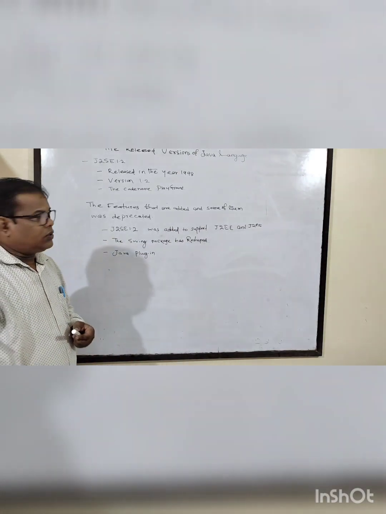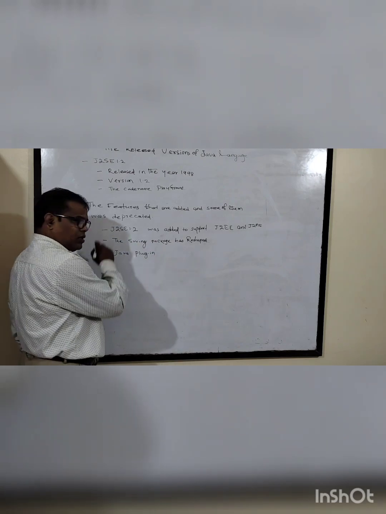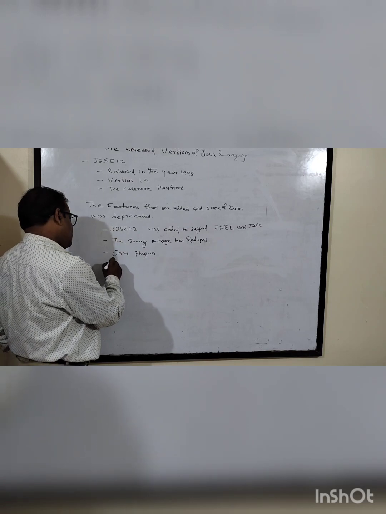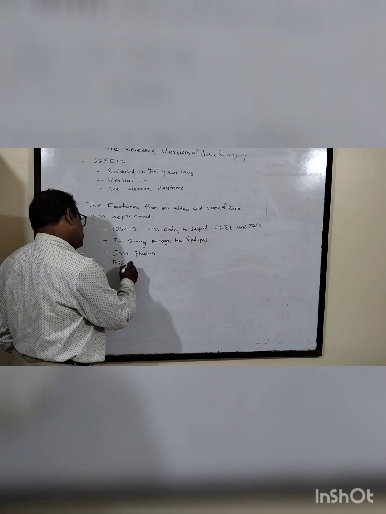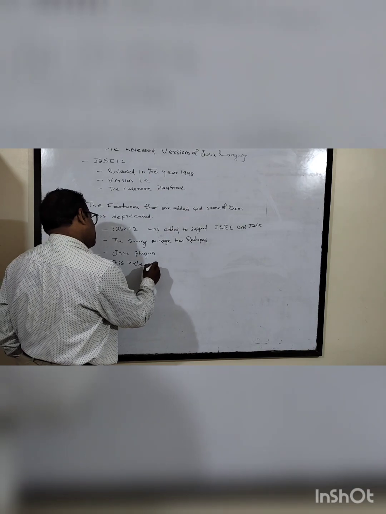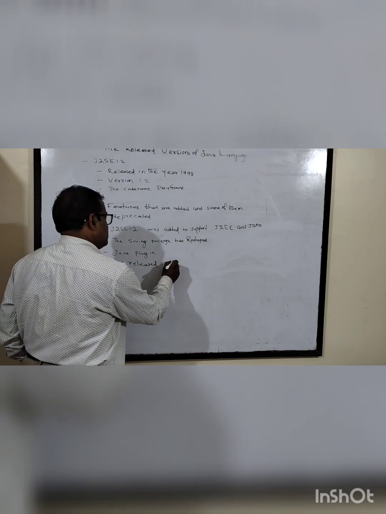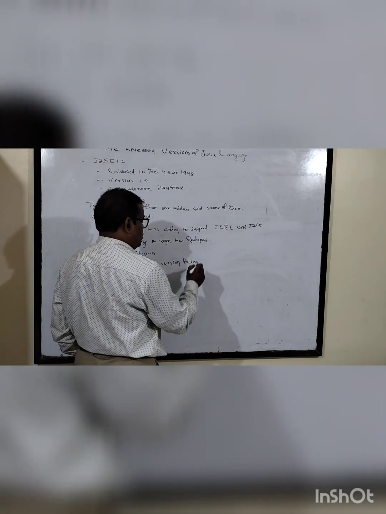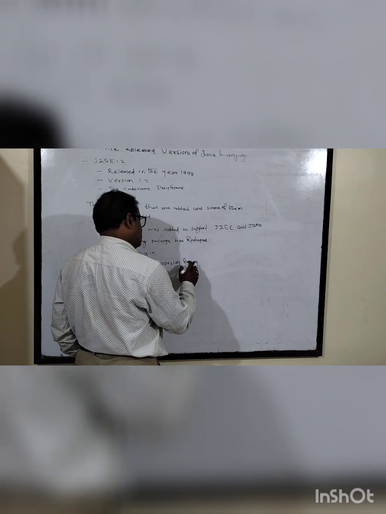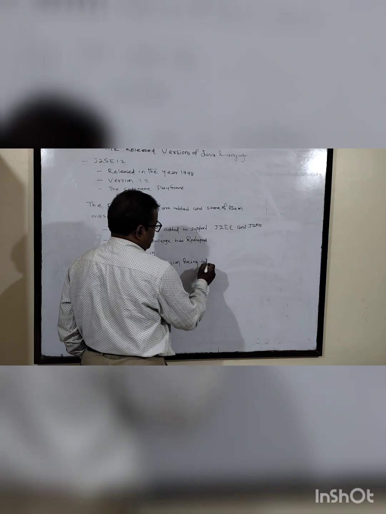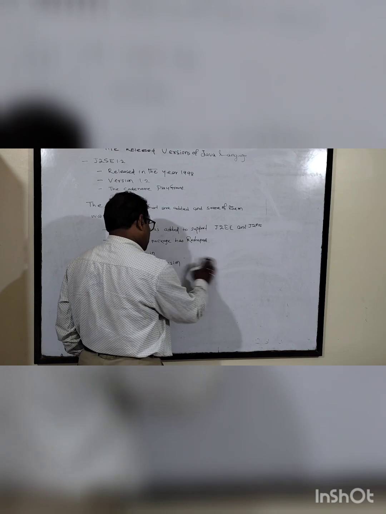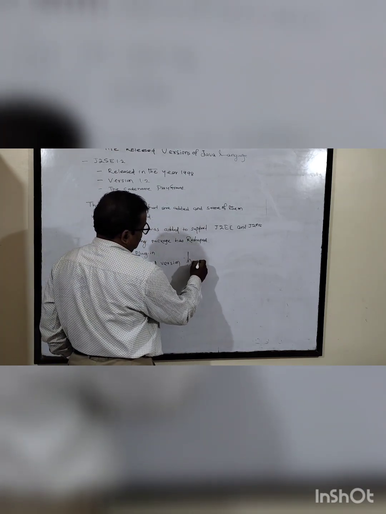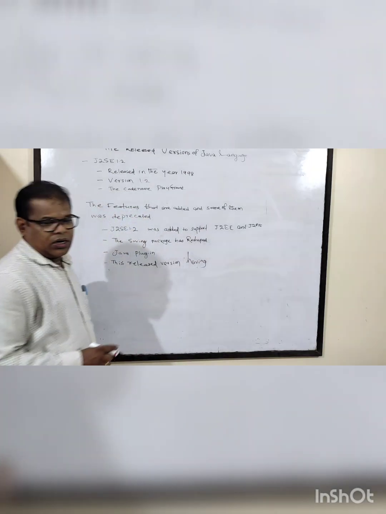We can see here one of the big things, the revolution to this Java, is that this release version has been added with many things. If you see these release versions, how many classes are here?